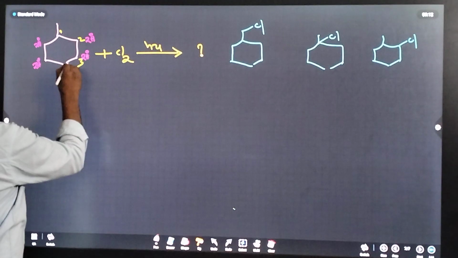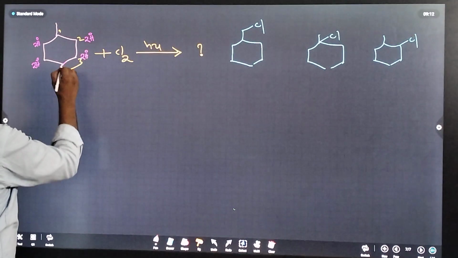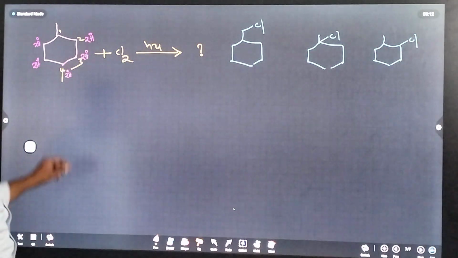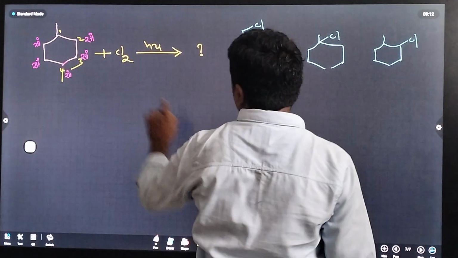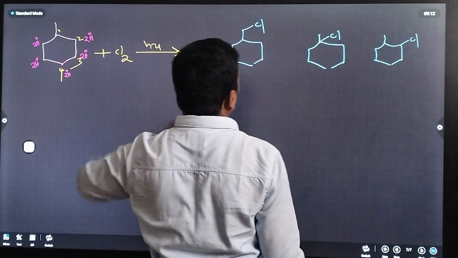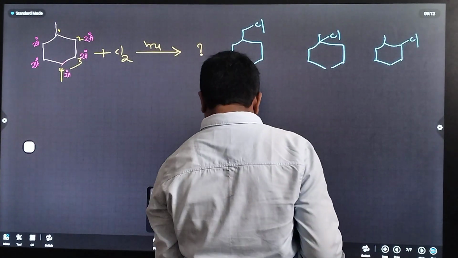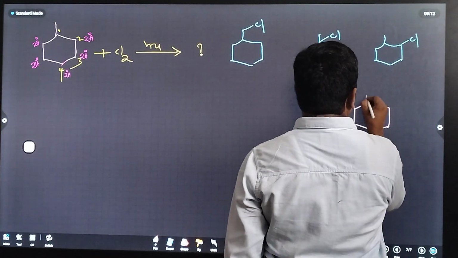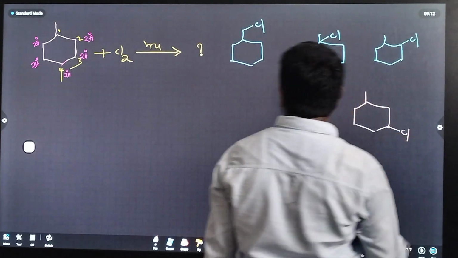Next, this is also a secondary hydrogen. This is the 4th position hydrogen. Whenever the 3rd position hydrogens are replaced by the chlorine atom, we get a new product. So this is one product.